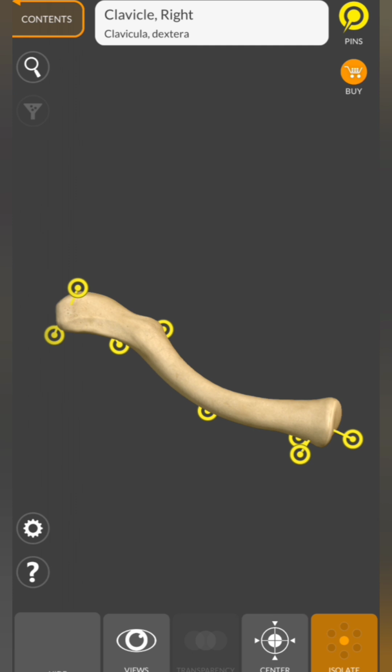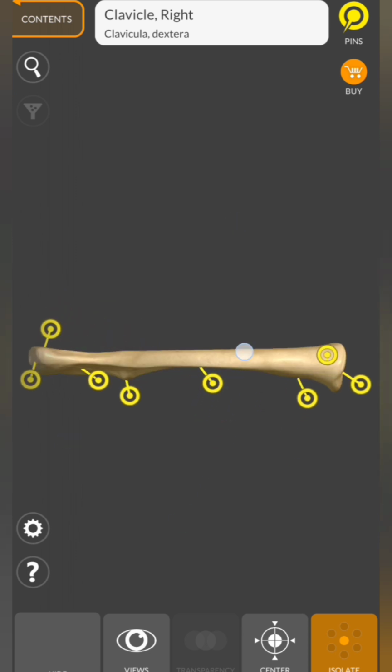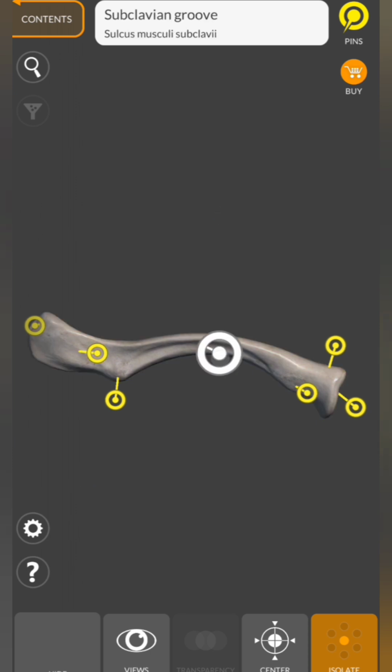The clavicle has two surfaces: the upper surface, which is called the superior surface, and the inferior surface. On the inferior surface, we look at the subclavian groove.